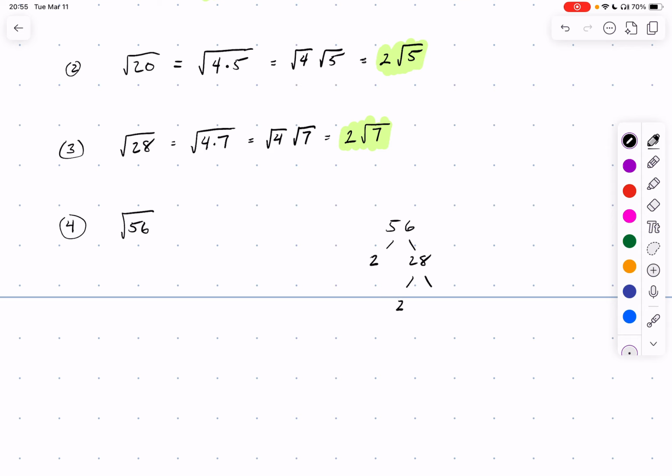I can divide 28 by 2. Let's say I don't know the other factors of 28. So I divide it by 2 and I get 2 and 14. And I can keep going, divide 14 and I get 2 and 7. I'm going to keep going until I get prime factors. Okay, right? This is the prime factorization.